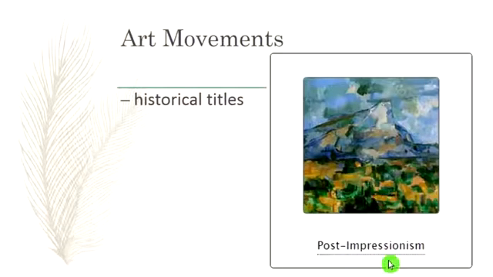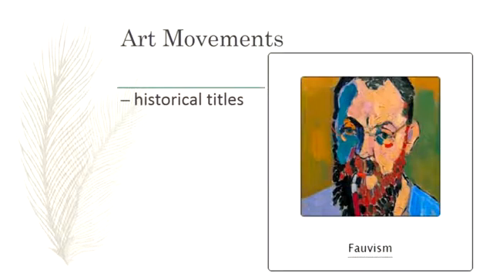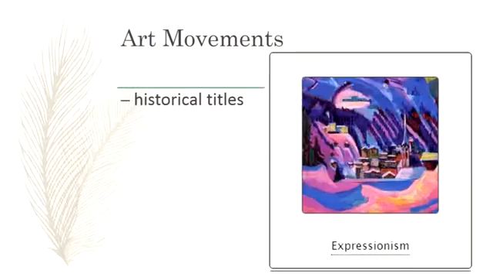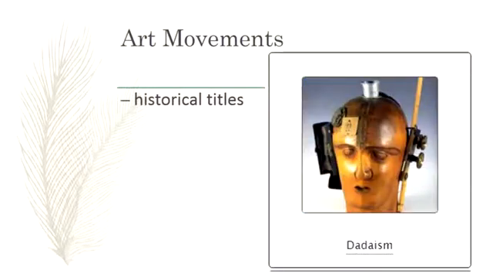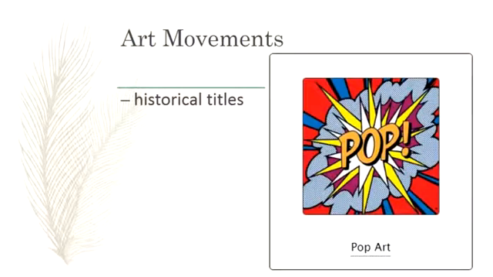This is Post-Impressionism, Cubism, Fauvism, Expressionism, Dadaism, Surrealism, and pop art. We will break these down again in the entire semester. Again, in this module, I will just give the summary or overview.